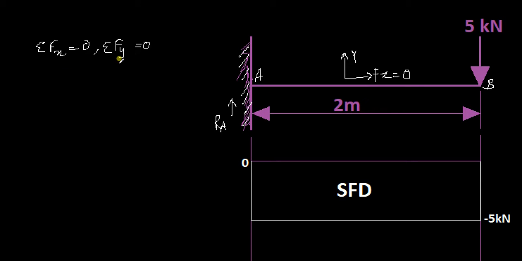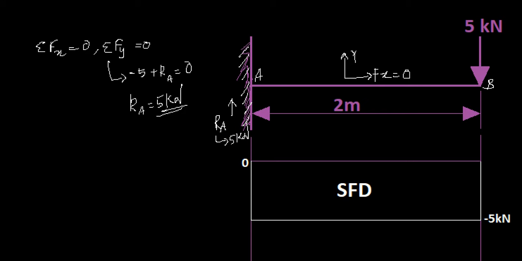For this to be satisfied, because the load is acting downwards, that is minus 5 plus RA equal to 0, and therefore the reaction at A is equal to 5 kilonewton.